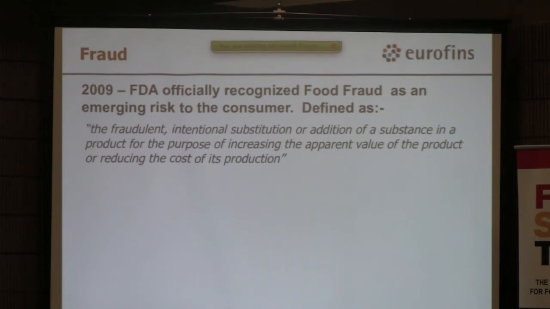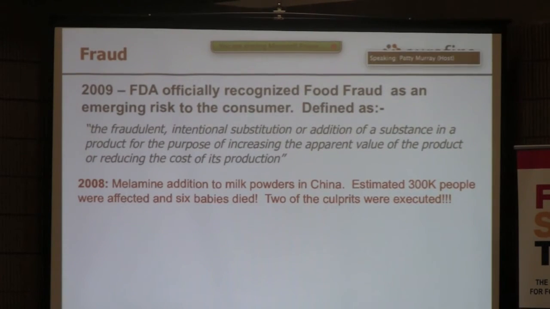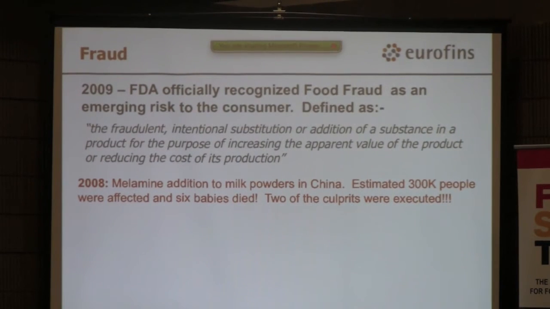And I think probably the best example of that was the melamine scandal in 2008, where people in China were making their milk powders look more milk powdery by adding melamine, which is a very good source of nitrogen. That had significant ramifications.